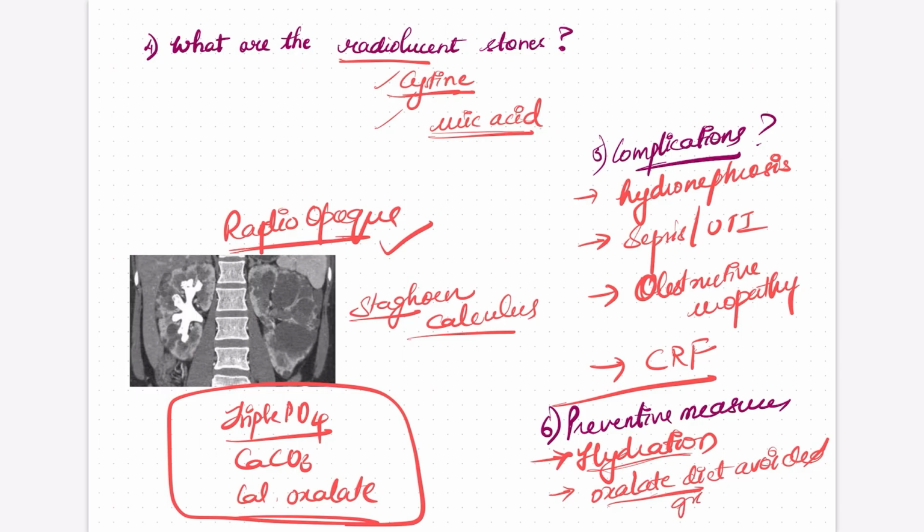Nuts and seeds like groundnuts, cashews, almonds, sesame seeds. Among the vegetables, spinach, beetroot, and even okra, bendi. All these are oxalate containing diet. So these can be avoided in patients who are prone to calcium oxalate stones. These are a few preventive measures that can be taken.